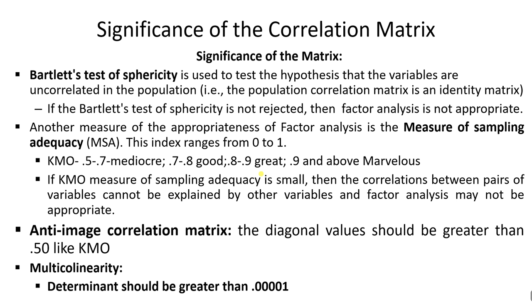For testing this multicollinearity, we can determine the determinant of the matrix, and if that determinant is greater than 0.00001, then we can do factor analysis, because this suggests that the issue of multicollinearity is not so severe as to preclude factor analysis.